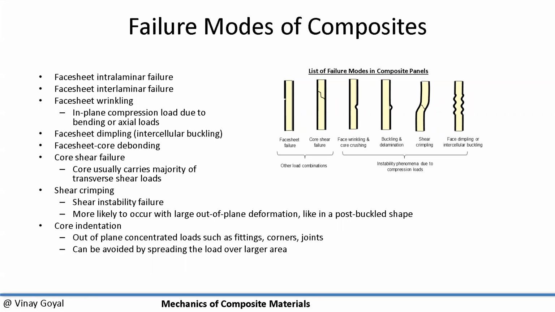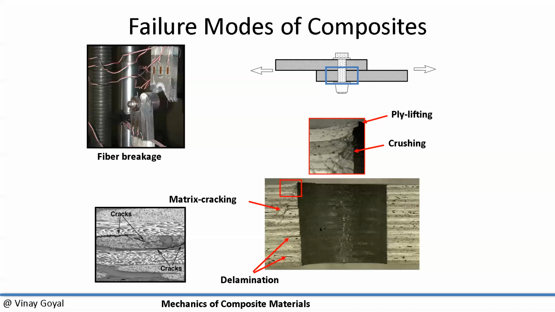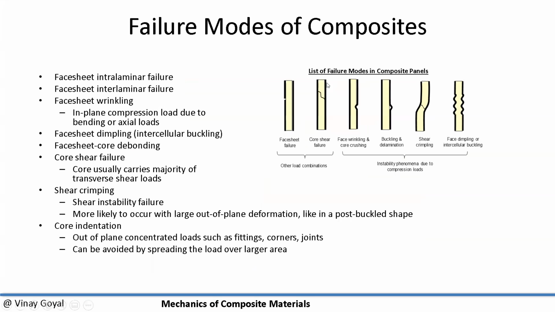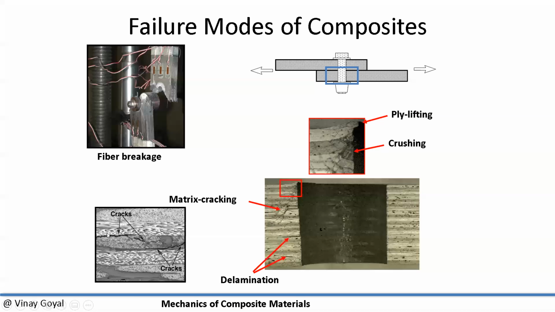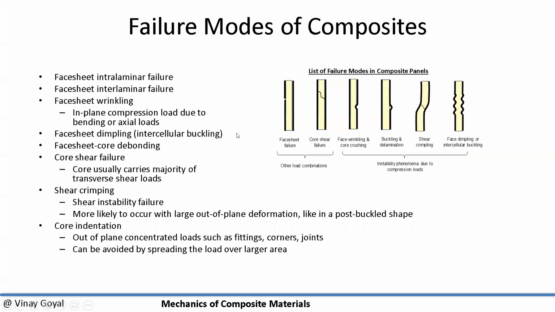So these are the failure modes. Again, a lot more complicated for sandwich structures, a lot more to consider. And then you have the laminate failure modes. And these failure modes are going to be part of this set of failure modes. So not only do you have these failure modes, you also have all these failure modes to take care of. Okay, and in this course, we're going to cover how to predict these failure modes and how to assess them for a particular design.